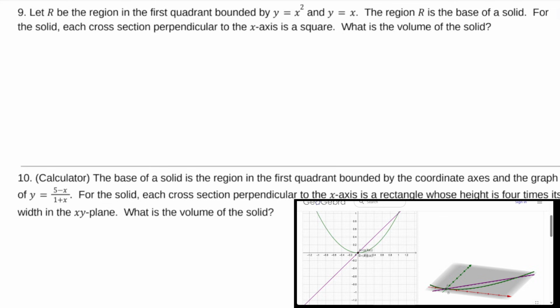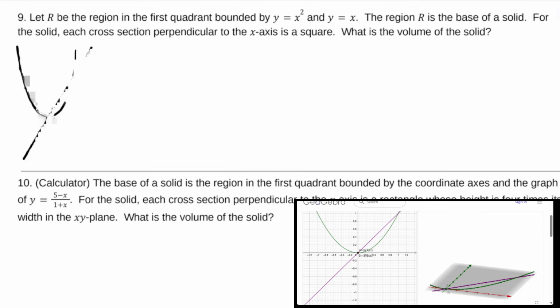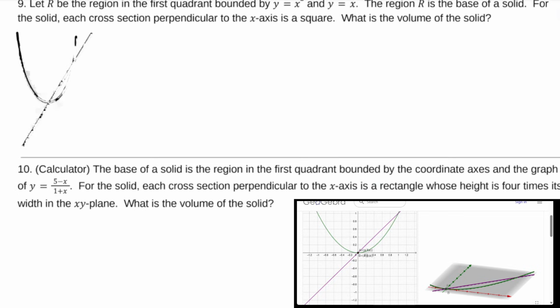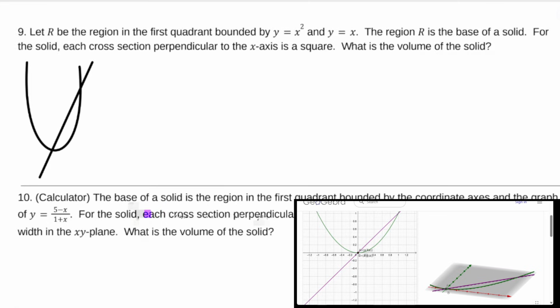But for now, I'm going to work it without a calculator like it says, and then the stuff in the bottom is really just for us to visualize. So, all right, y equals x squared, and y equals x. Okay, well, that doesn't look great. Let me see if I can get that to look better. All right, there we go.